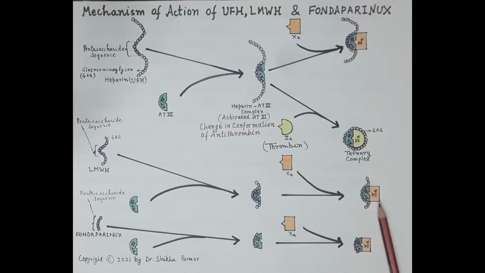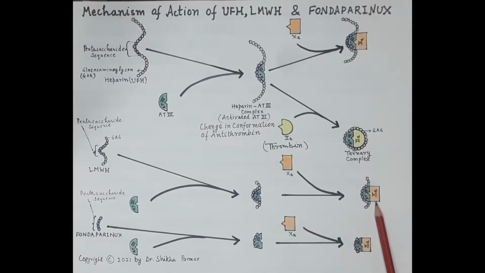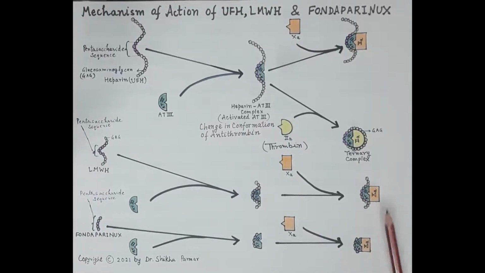Since low molecular weight heparins are too small, their glucosaminoglycan chains are very short, and they are unable to form the ternary complex with thrombin as well as with antithrombin, and therefore they can inhibit only clotting factor 10A. They cannot inhibit thrombin.